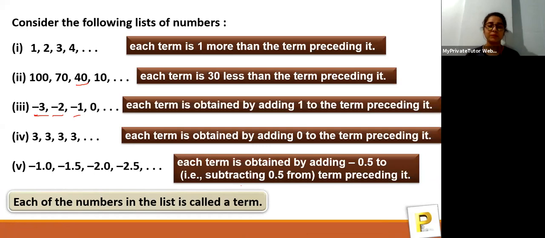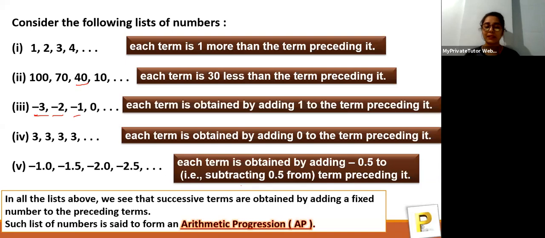So there is some difference which is similar for each term. In all the lists above, we see that successive terms, meaning one after the other, are obtained by adding a fixed number to the preceding one. For the previous number, you have to add something and you get the next number.